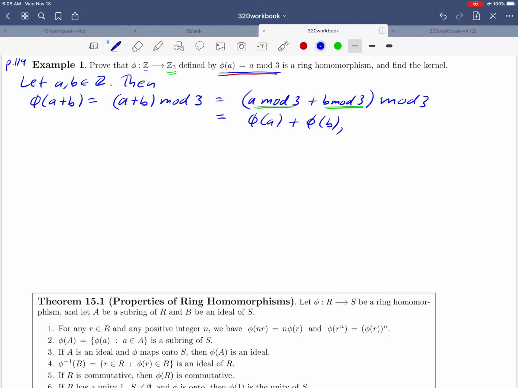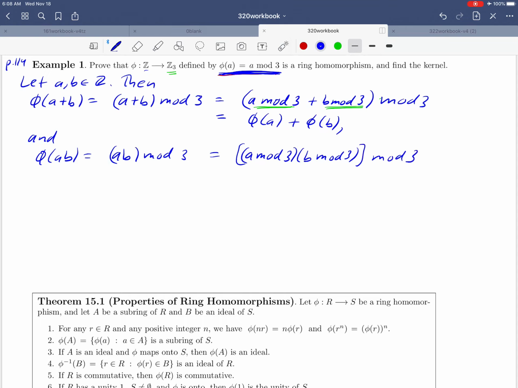So let's move on then to multiplication. This is very similar. Phi of ab, by definition, looking back up at the top of the page at our formula, would be ab mod 3. And we can replace a and b with their remainders mod 3. So this is equal to a mod 3 times b mod 3, mod 3.